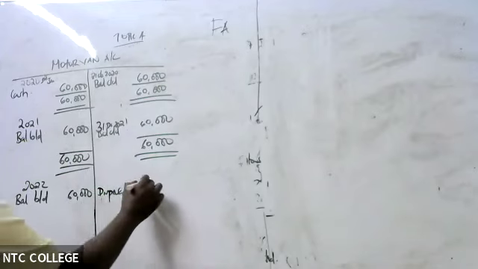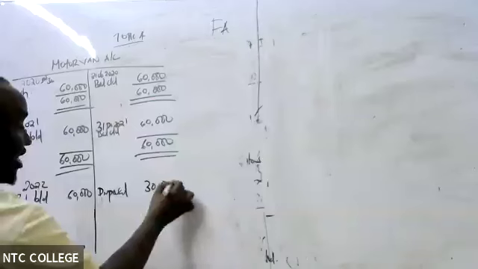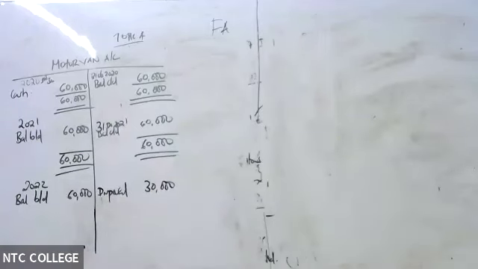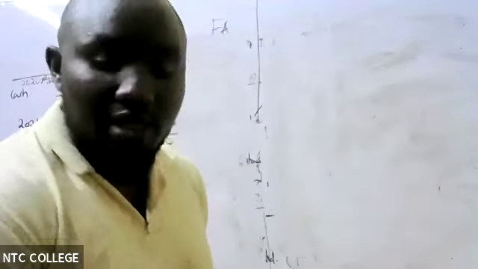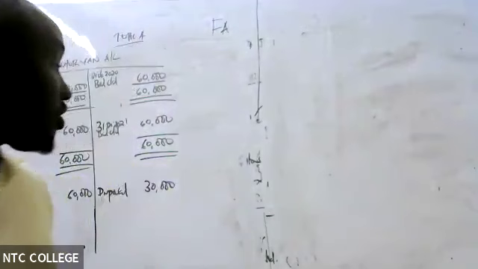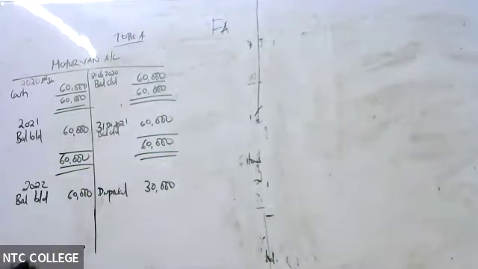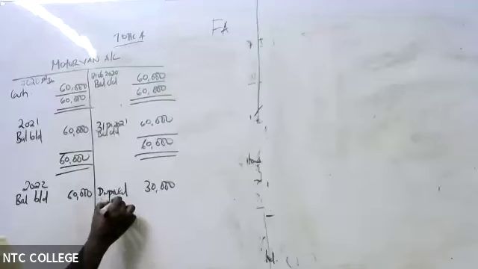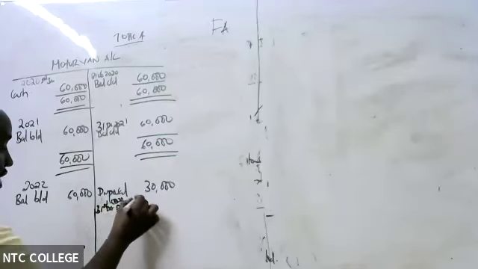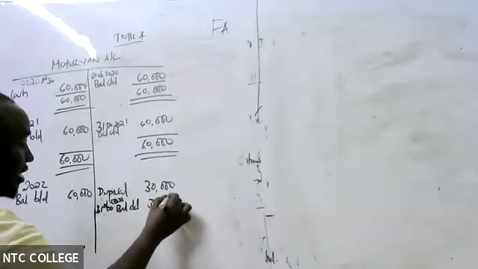The other one we remember at cost, that is 30,000. We're saying that on October 2022, one motor vehicle was disposed. So at the end, 31st, year 2022, balance carried down for the value of the asset should be 30.